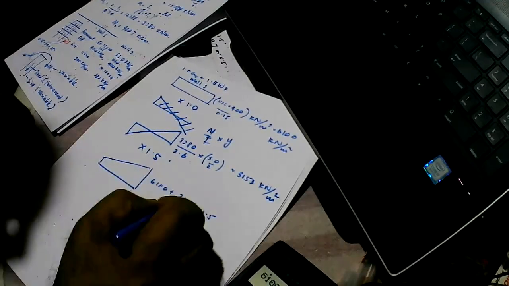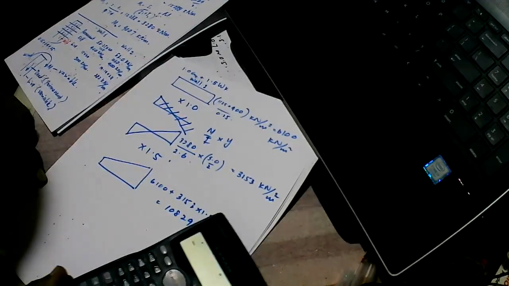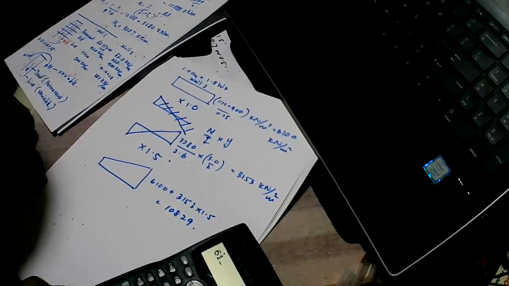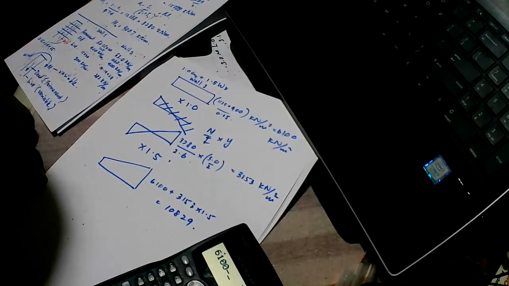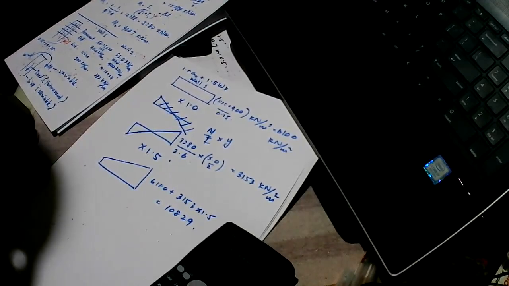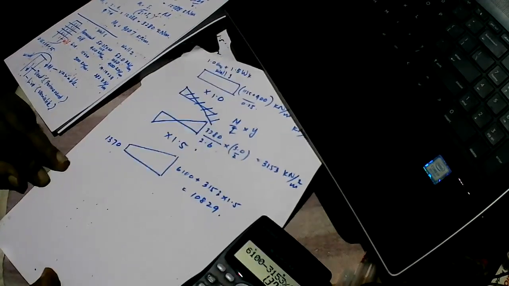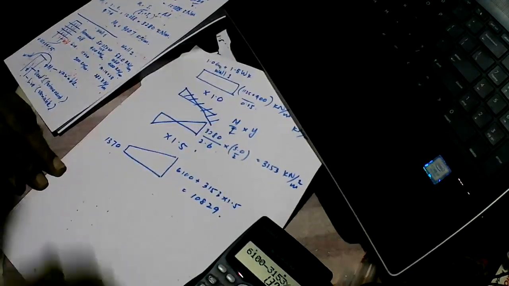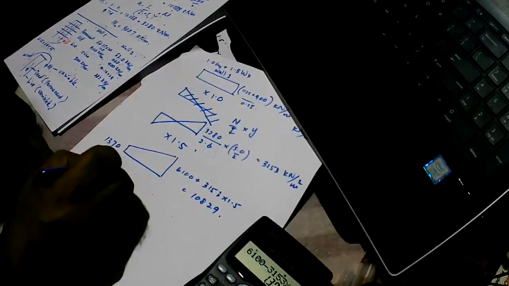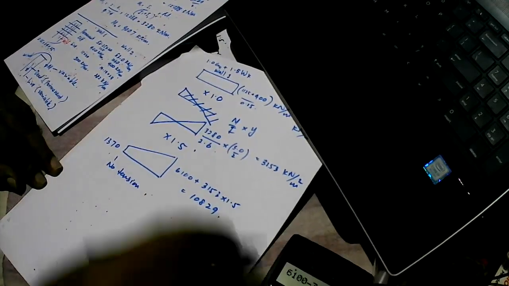So you get 10,829, and on this side we get 1,370. So from this we can say that there is no tension. The whole section is in compression.